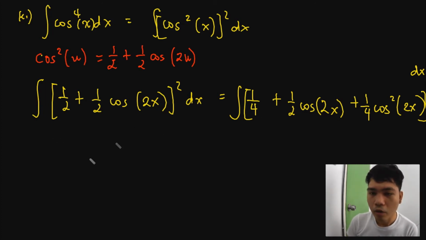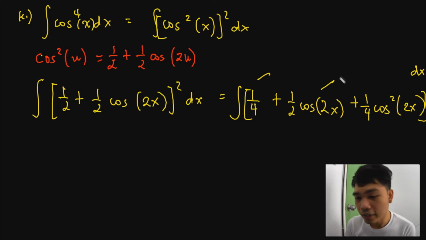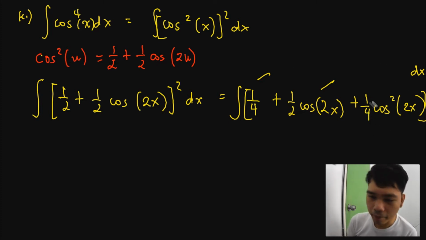Now, wala na tayong problema dito sa first term, second term, kasi pwede na natin siyang integrate, no? Kasi wala naman itong exponent, so pwede na siyang integrate directly into sine. This one is a constant, so antiderivative lang ng constant is attached yung ating variable of integration. But how about the last term? Yung last term kasi natin is naka-squared, so we'll still perform this operation as well.